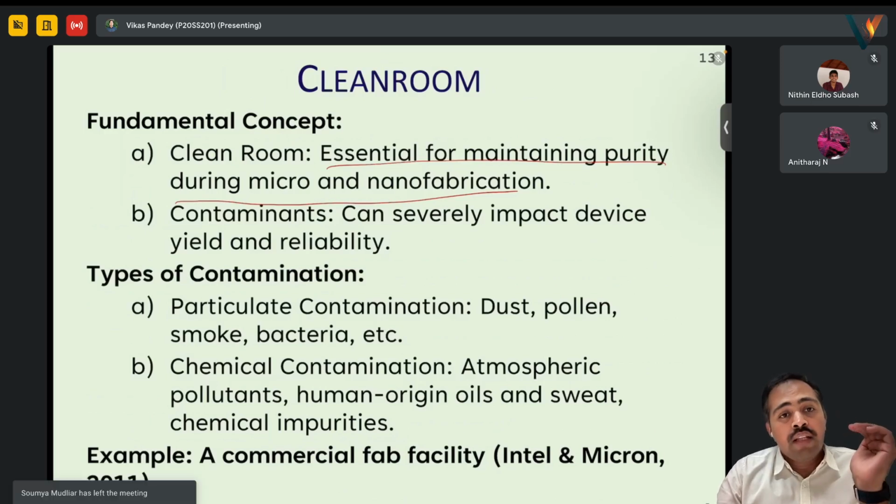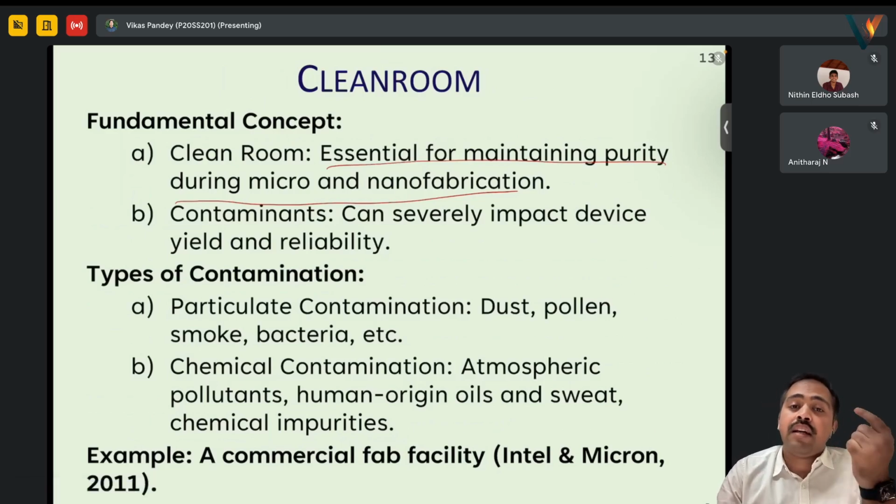The second thing is that there can be some contaminants, and that can impact the device yield and reliability, and that is why we are going for clean room. There are some standards which you must have seen in the classroom, or if you want, I will also put that there are different classes of clean rooms.